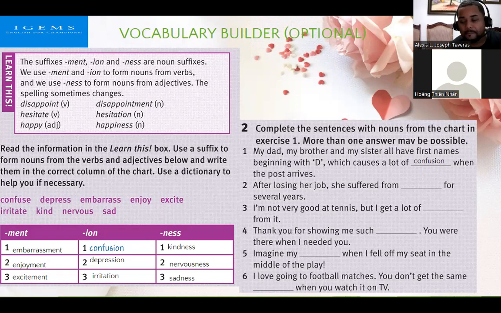Okay, keep going. After losing her job, she suffered from nervousness for several years. I'm not very good at tennis, but I get a lot of enjoyment from it.